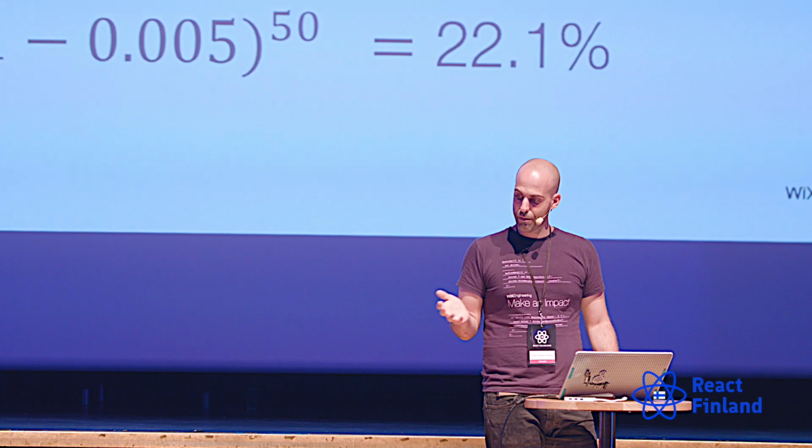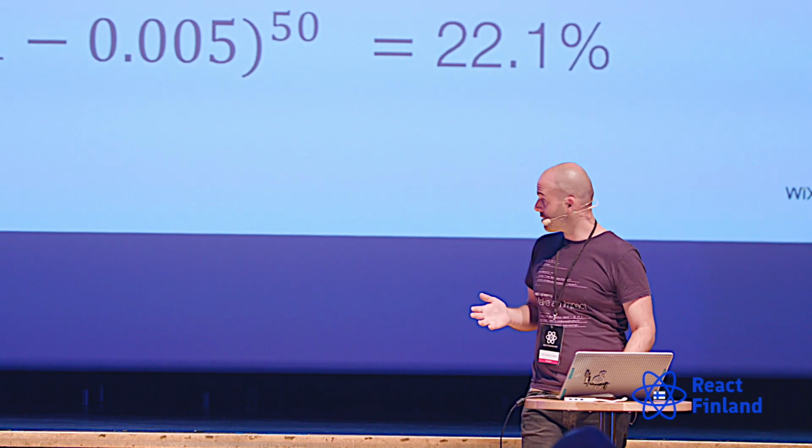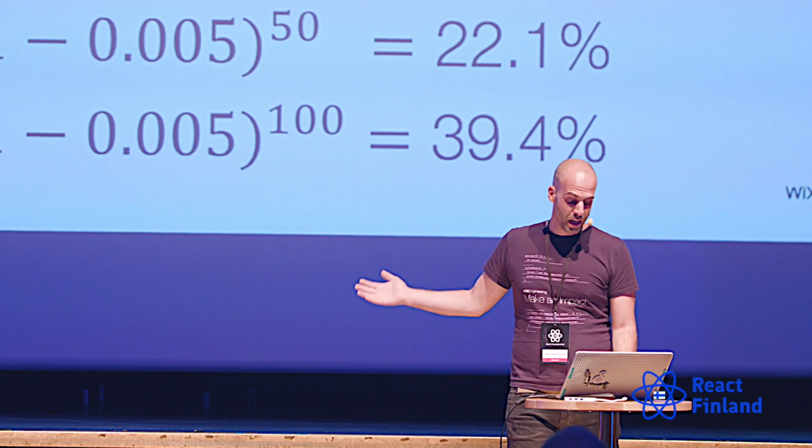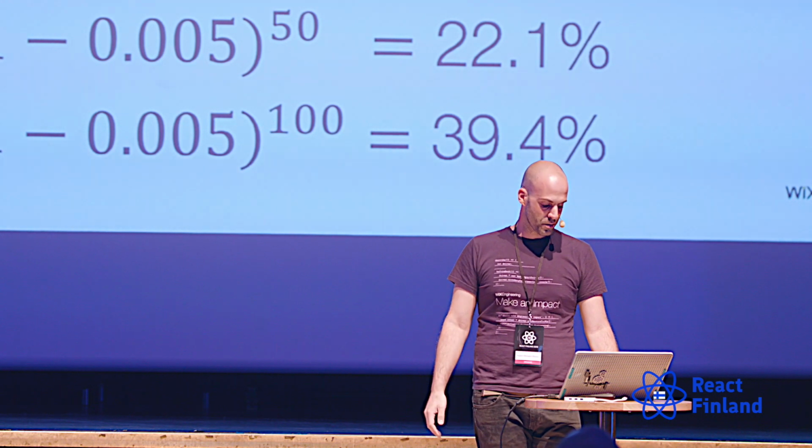So if we take an example, we have a test that is flaky just 0.5% of the time, and we have 20 tests. We'll have about 10% of failing test suites. If we have 50 tests, it's around 22%. And, well, with 100 tests, you get the point. It's very unreliable.